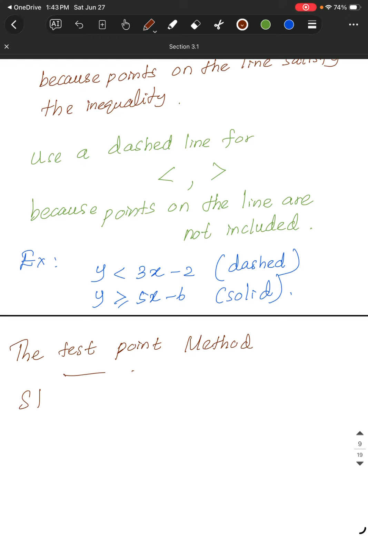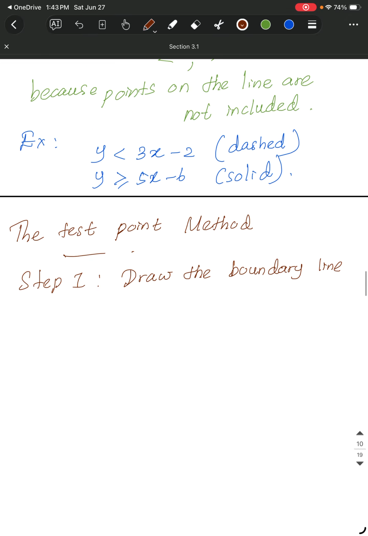Step 1, draw the boundary line. Step 2, choose a point not on the line.